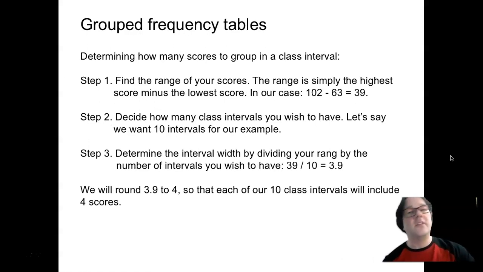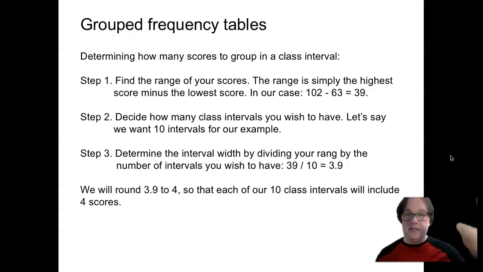So again, these are guidelines, but if we want to try to determine what's the best way to figure out how many scores should go into an interval, we can first find the range of our scores, which means the difference between our highest score and our lowest score.